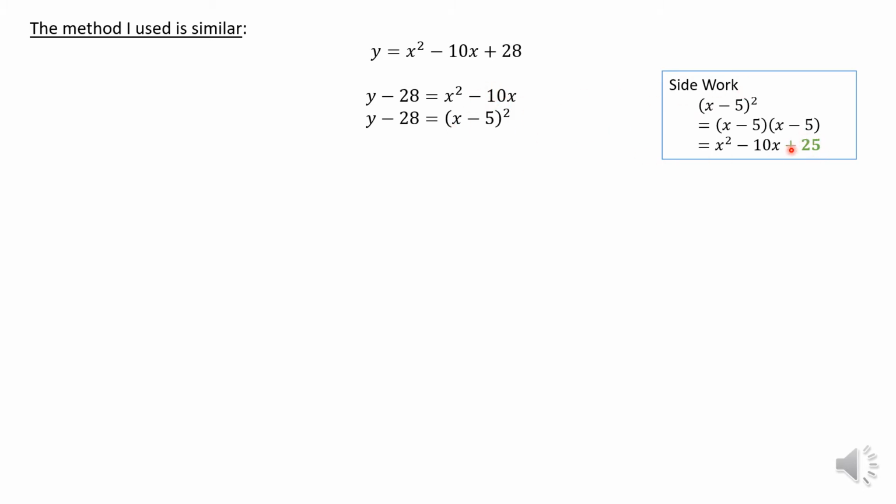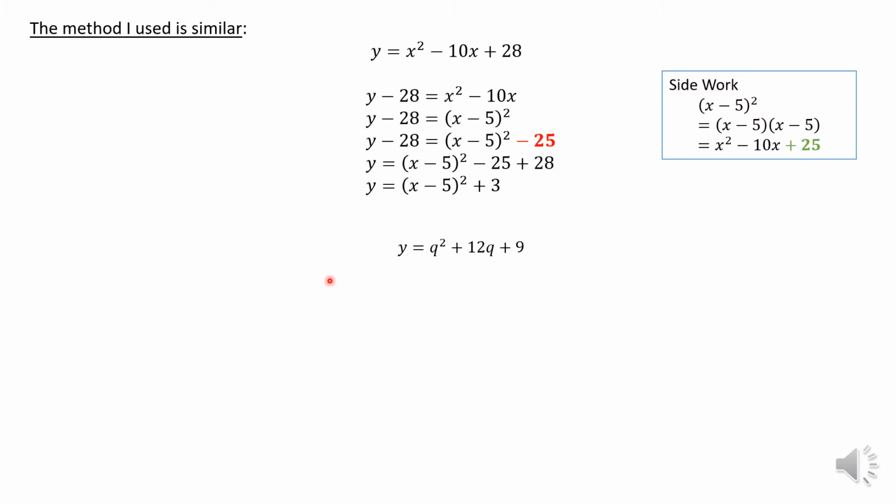It's like you are adding a 25 here. Because we are adding a 25, in order for it to stay the same, we take away that 25. Because we've added it, it is in this expression, so we take it away. And the only thing left is to bring that 28 back. It becomes positive, and when you clean this up, your function is now in vertex form.